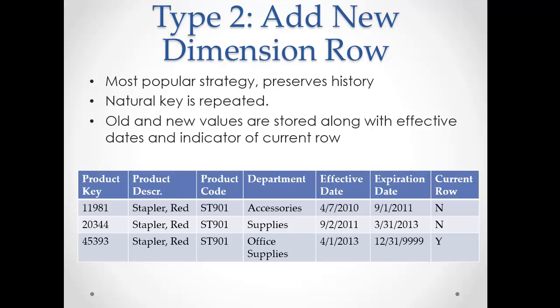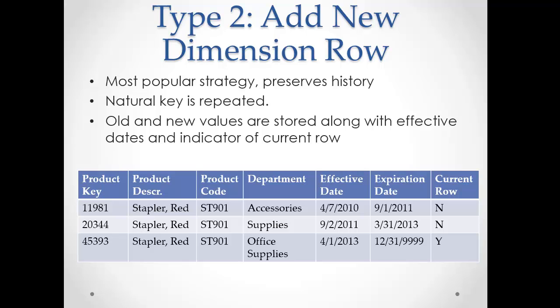And if you query this data, and you're asking for data between 4/7/2010 and 9/1/2011, it will treat that red stapler as an accessory. If you ask for it between the other dates, it will treat it as an office supply or a supply, and if you query anything from April 1st, 2013 forward, it will treat it as an office supply.